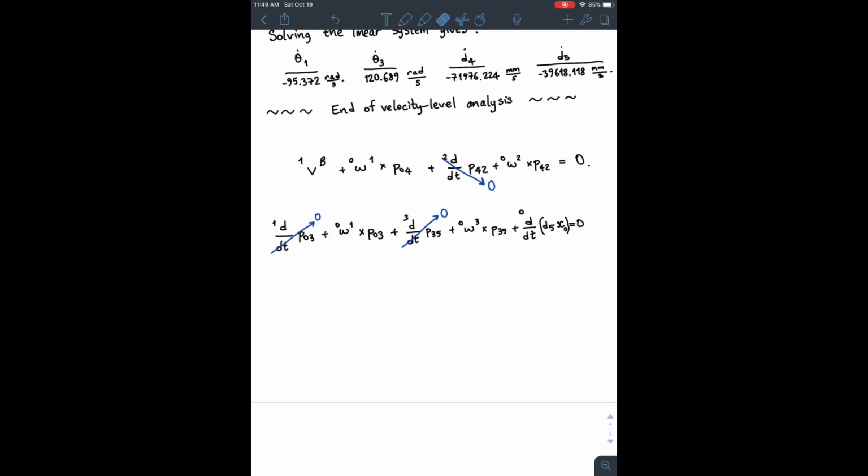This one is 0, we said, so we can get rid of that. This one here was 0, so we can get rid of that, delete this one as well. So these are our velocity level equations, the first one in simplified form.